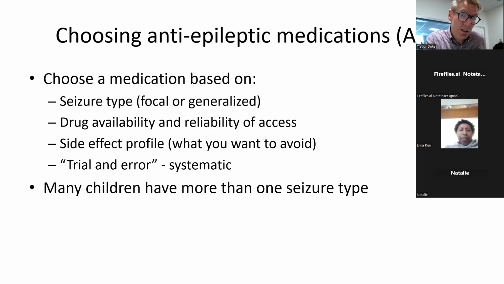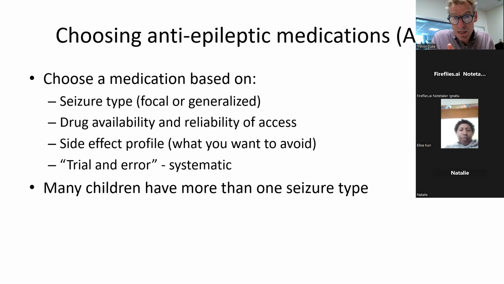When you're choosing a first medication, you need to choose it, if you can, based on the seizure type, whether it's focal or generalized. If you can't detect whether it's focal or generalized, it doesn't matter too much. But if a child does have primarily focal epilepsy, then carbamazepine is probably the better medication.